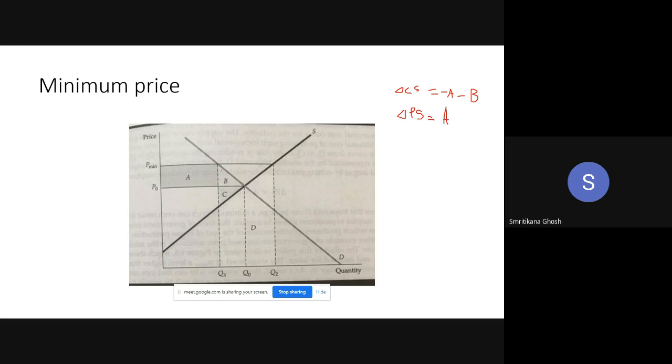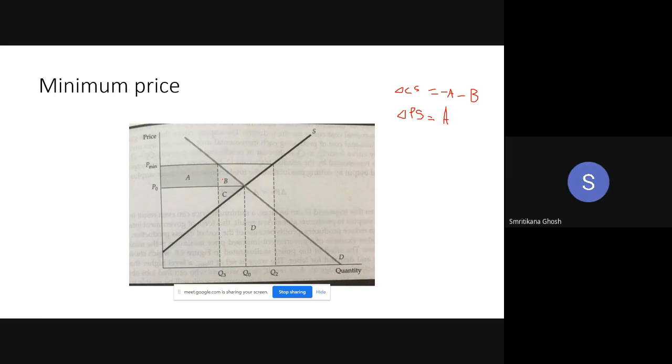But what about B? Anyone else? A is the gain of the producer. Anything you want to add to that? Ma'am, B is the deadweight loss. No, I don't know what is deadweight loss.